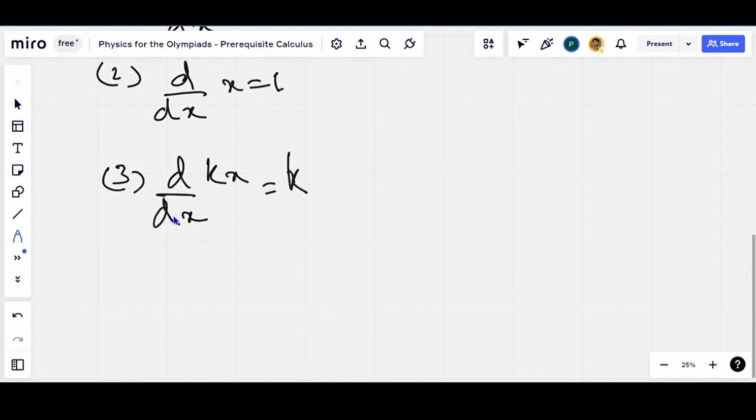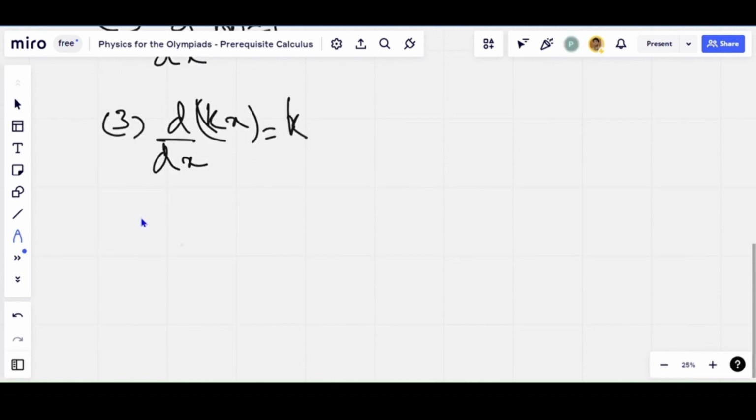Here the function is kx, which is a constant multiplied with x. So the rate of change will be the change in kx with x, so it will be kx by x, which is equal to k. And this is fairly intuitive to me.